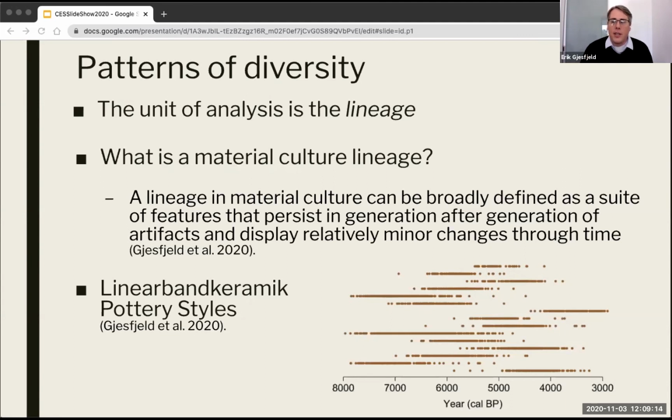We felt we had a pretty good sense that we had traits that were fairly coherent for each of these styles. And then using the radiocarbon database developed over the years, we tried to put temporal ranges on these particular pottery styles. And so the central unit of analysis was the combination of both the pottery styles as well as their temporal duration.